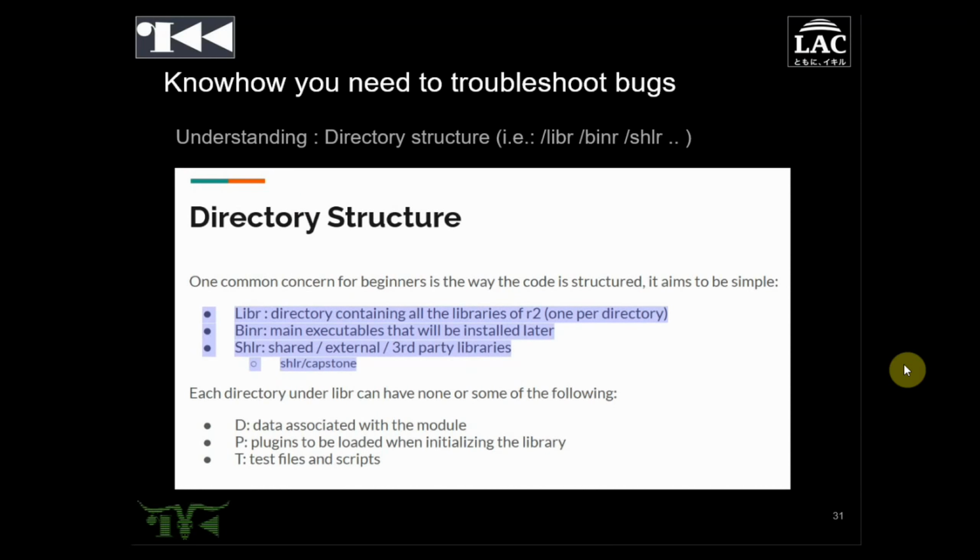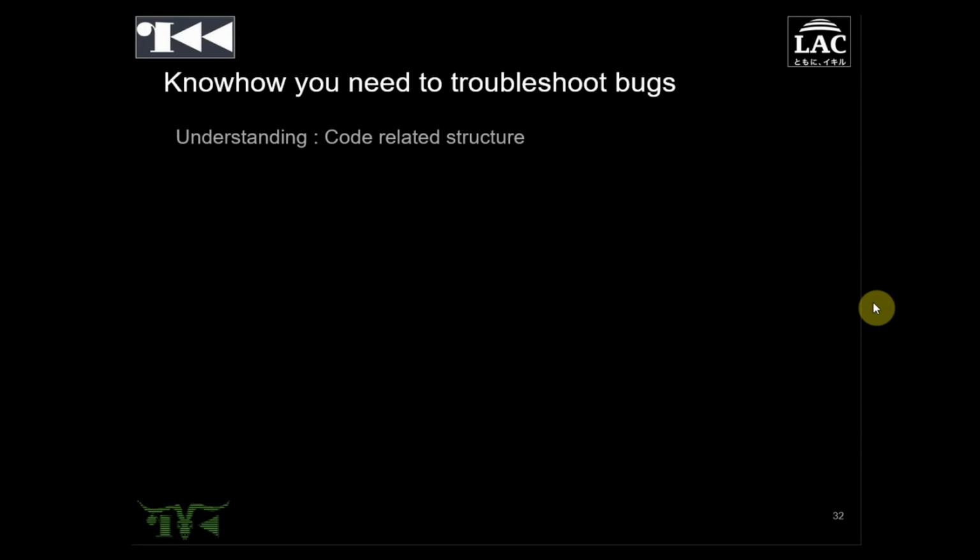First is the directory structures. Practically, there is an explanation in this slide about the directories, which one is the libraries and the main binaries, and then the external libraries, for example, Capstone and so on. It is in these directories, and more explanation can be seen in the slides from Pancake.